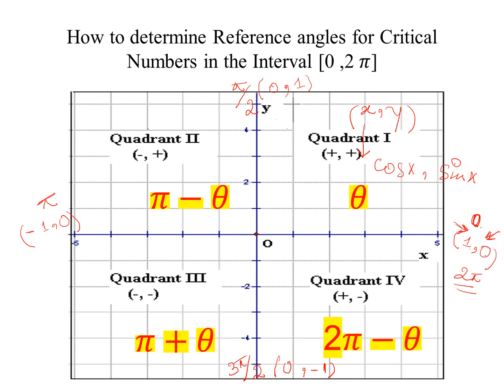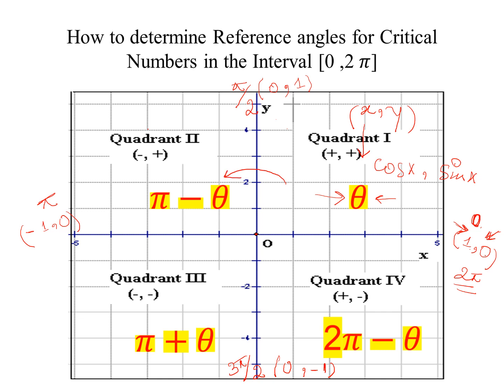Now another thing: if we get any angle, theta, we are talking about angles now. If we get any angle between 0 and pi over 2, or 0 and 90 degrees, we will term it as theta. Now from theta, we want to jump to the second quadrant.